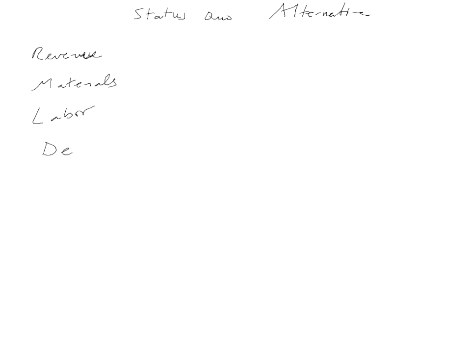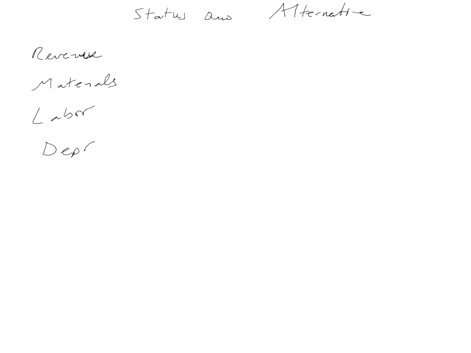So again, we have to make two columns, one for status quo and one for the alternative. And for status quo, we're going to have to put down the revenue, materials, labor, and depreciation. Remember, those are our variable costs.